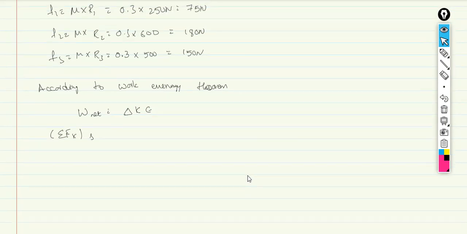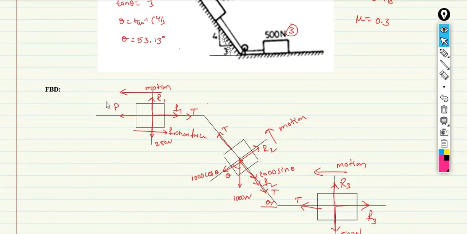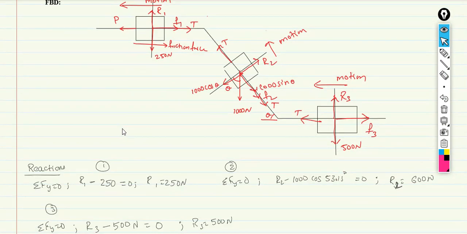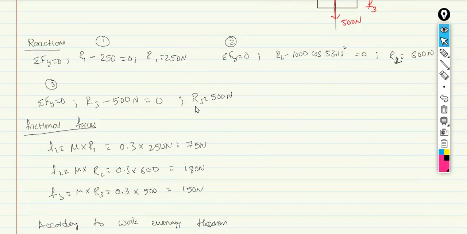So let us go for all the forces in x direction. See here, P is a force in x direction which is parallel to the motion, right? So motion is in this direction, automatically P is in the same direction, so P is positive. But F1 and T both are opposite to the motion, so F1 is negative, T is negative.